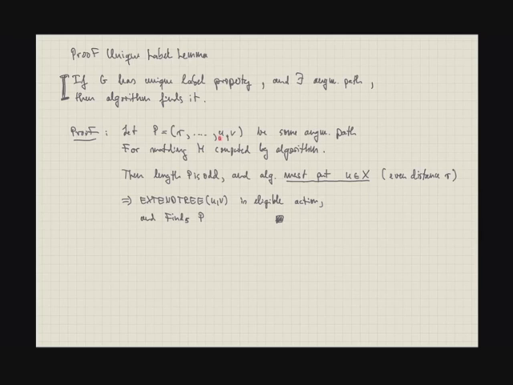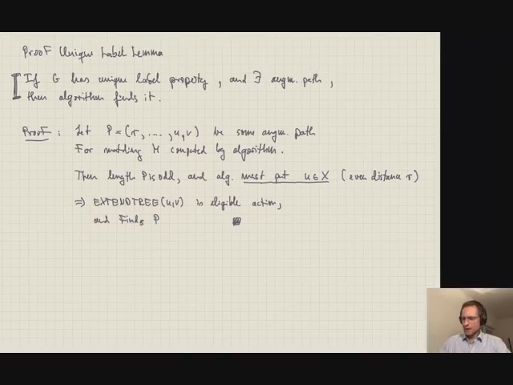So this vertex U will be classified correctly as an even distance vertex from the root vertex, and therefore extending the tree with this last edge from U to V is an eligible action for the algorithm, and hence the algorithm will find this augmenting path P. So if our graph has the unique label property, our algorithm will find all the existing augmenting paths. So that's nice.